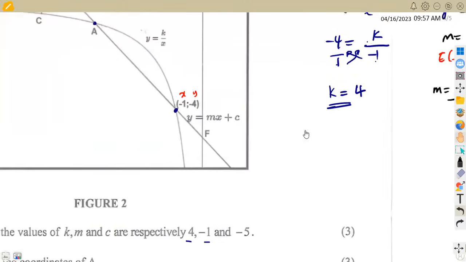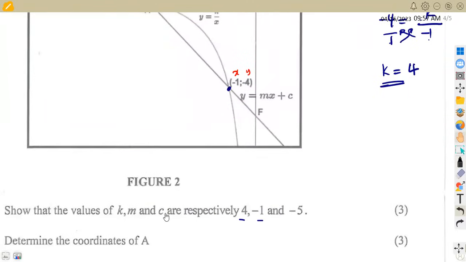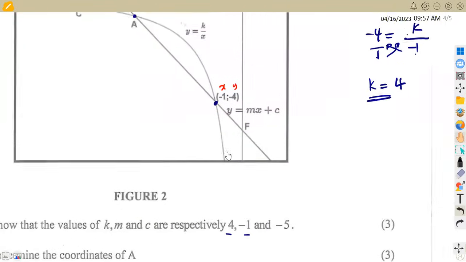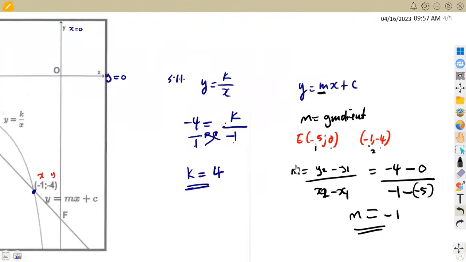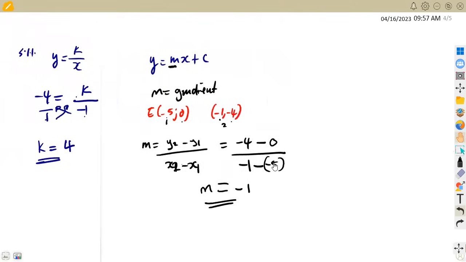All right, then we move on to c. c represents the y-intercept, or the value of c in the equation. You can determine the value of c by finding the equation of the line. Remember that y is equal to mx plus c, and we got that m is -1, so the equation is y equals -x plus c.